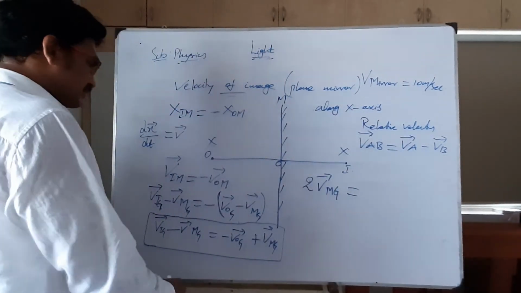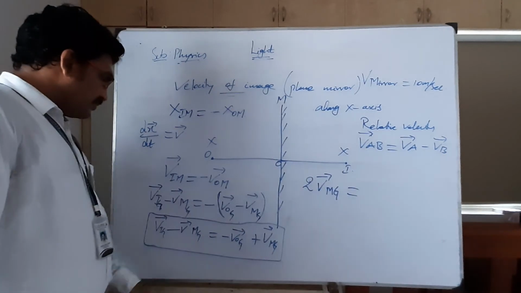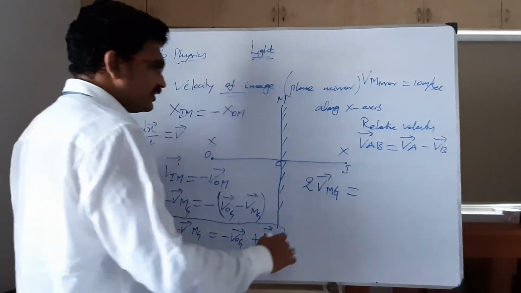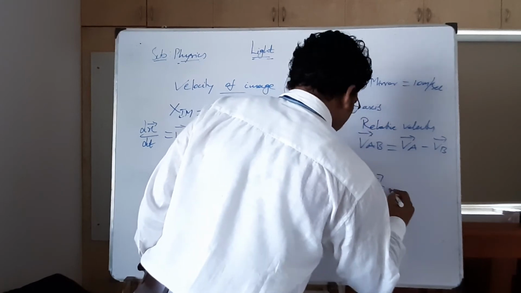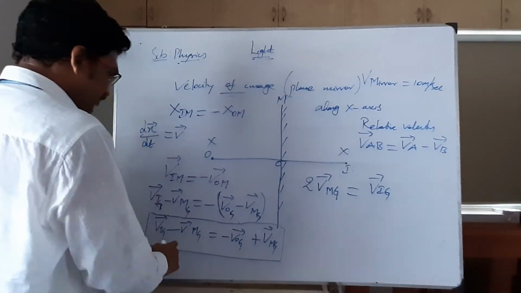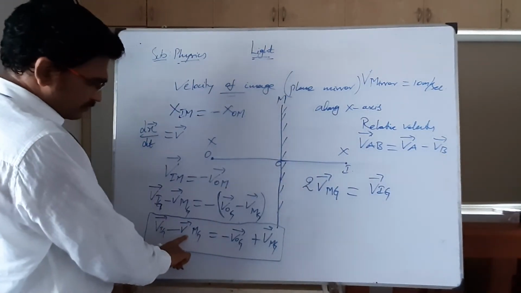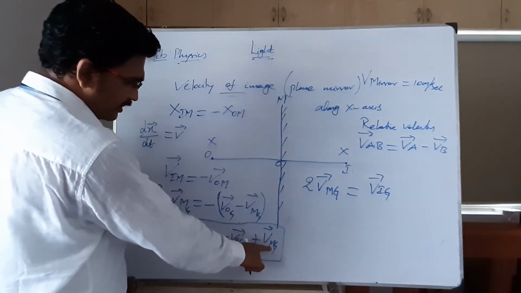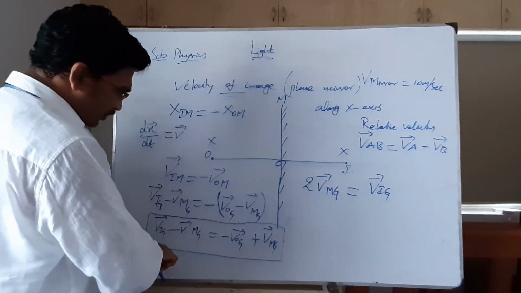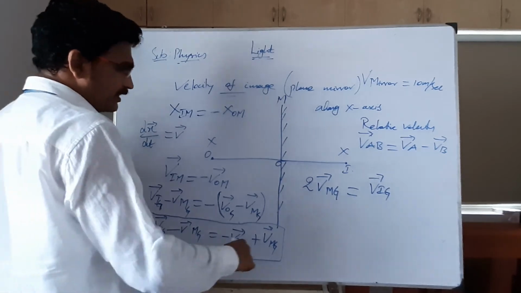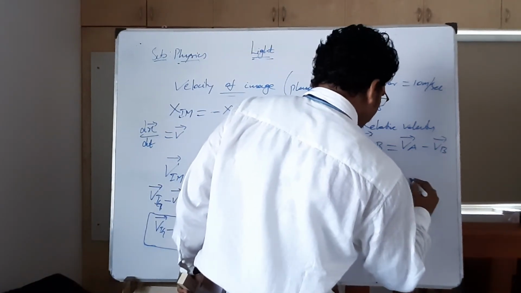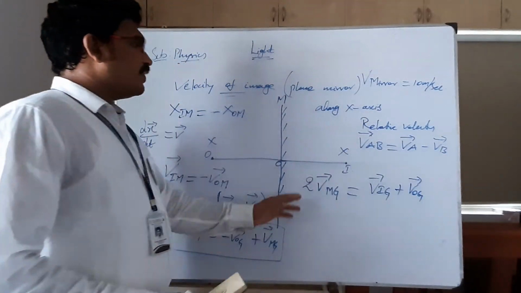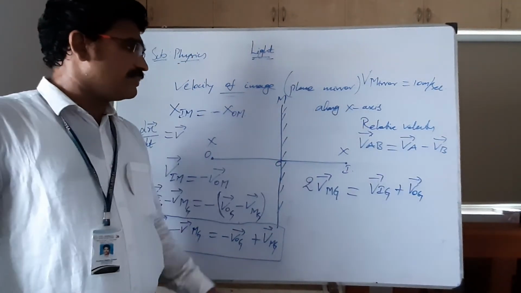Is equal to, if I bring on that side, then what I am going to get? Velocity of image with respect to ground. I have taken this one to here, then it becomes 2 Vmg and it is going to come this side. If it comes this side, then it is going to be plus Vog. I want only velocity of mirror with respect to ground.